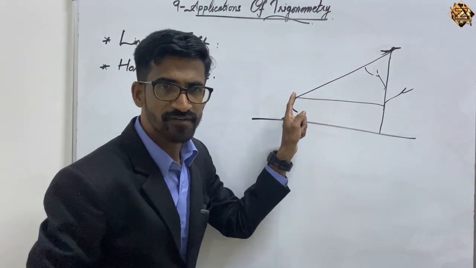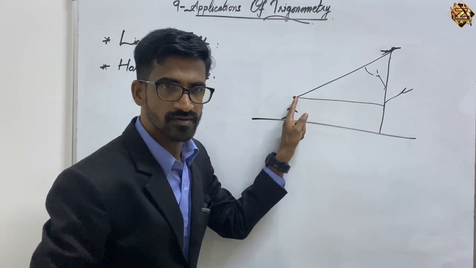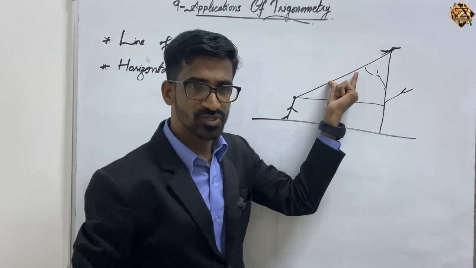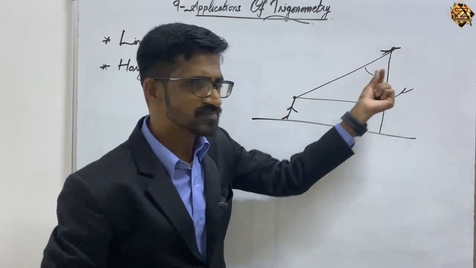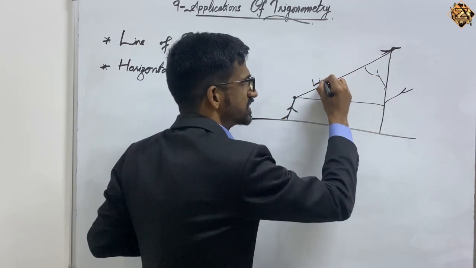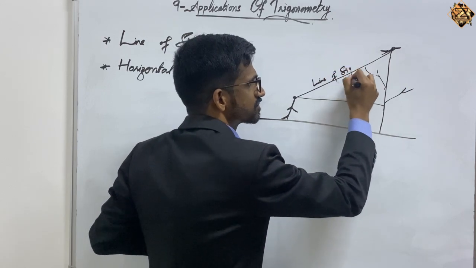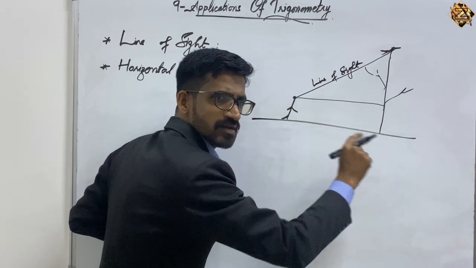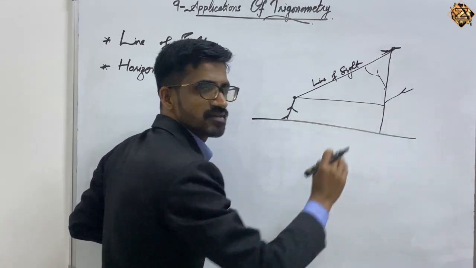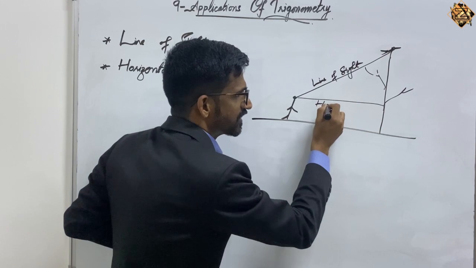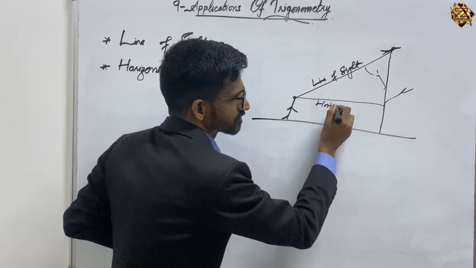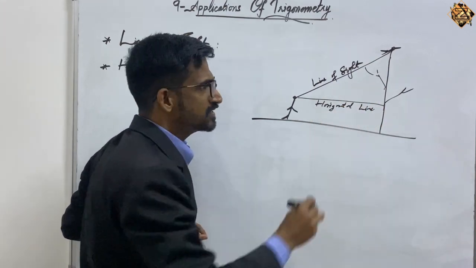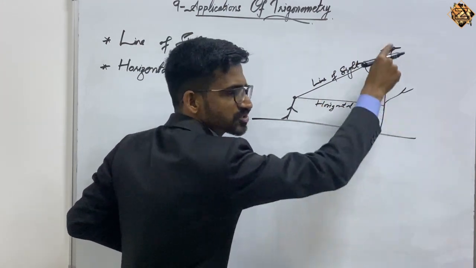A line drawn from the eye of the observer to the object. The line drawn from the eye of the observer to the object is called a line of sight, isn't it? And the line drawn parallel to the ground, parallel to the earth's surface, is called a horizontal line, isn't it? Horizontal line. Keep in mind, so that we will get a right angle triangle.